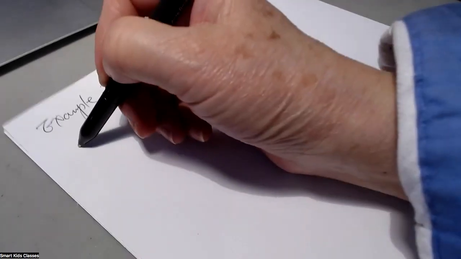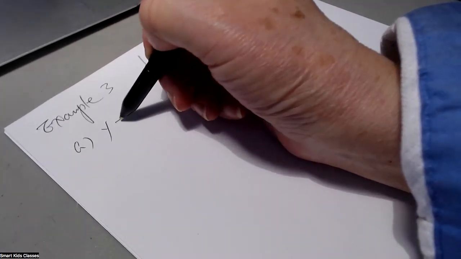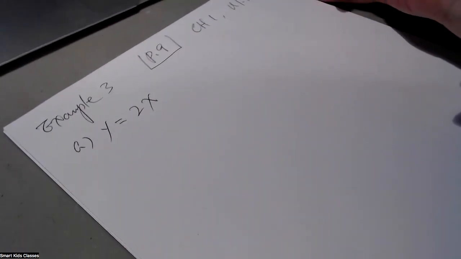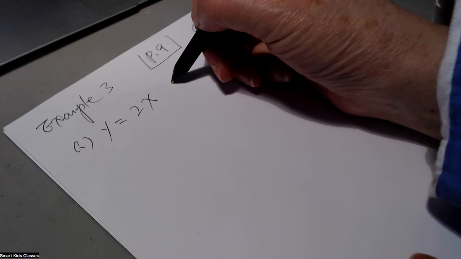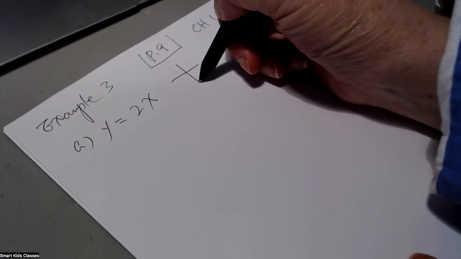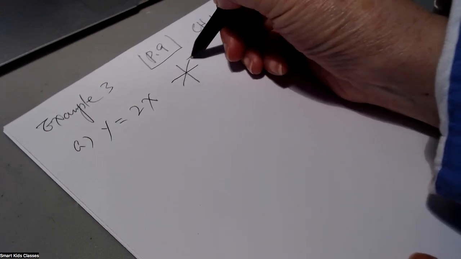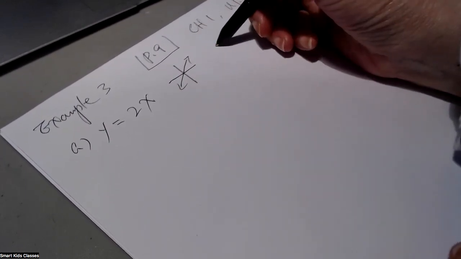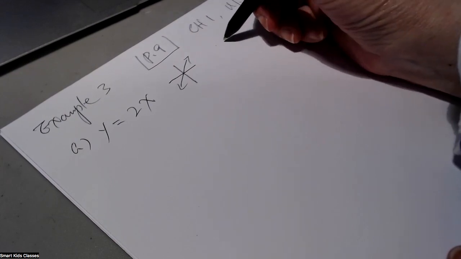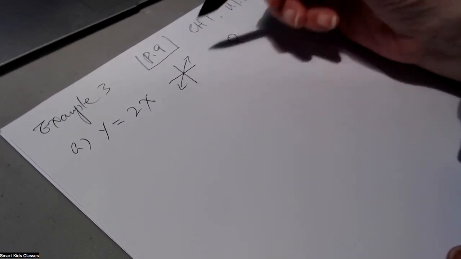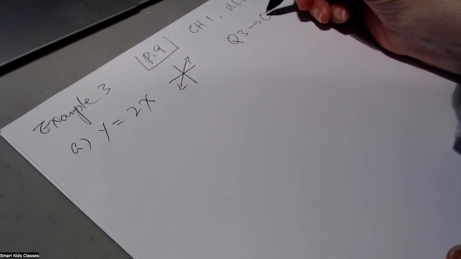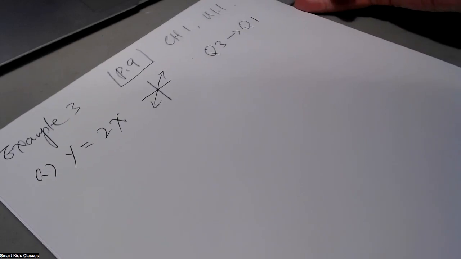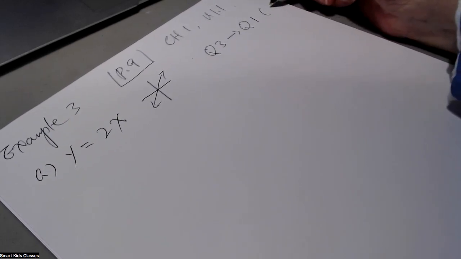For A, y equals x. To find the end behavior, I'm just going to draw a graph here, smaller. It's a positive function. So you're going to write the end behavior from quadrant 3 to quadrant 1. The reason is the odd degree. We just write odd.